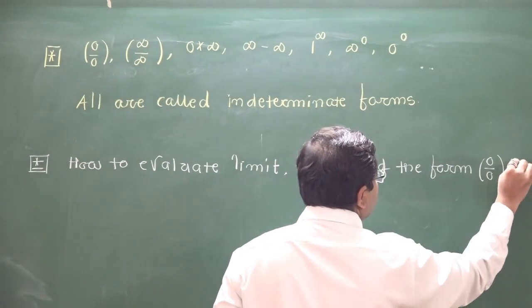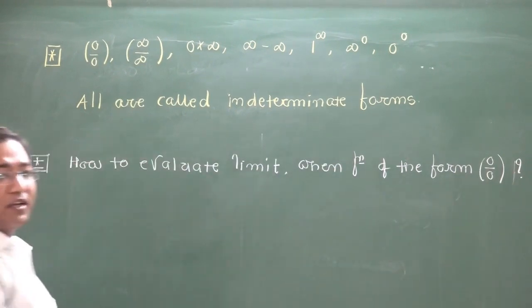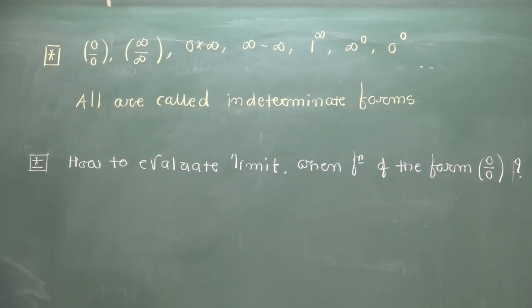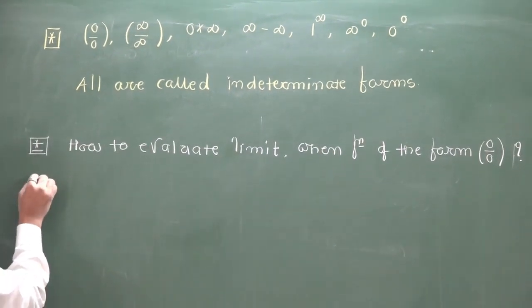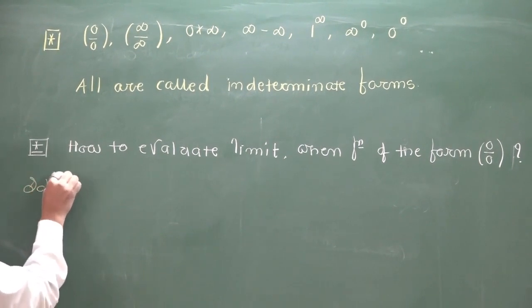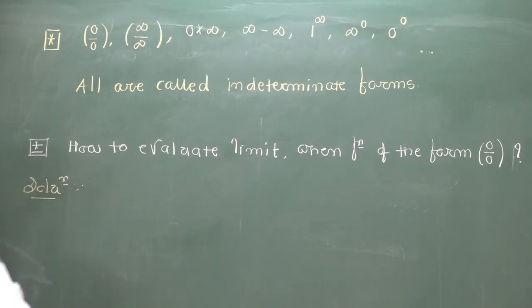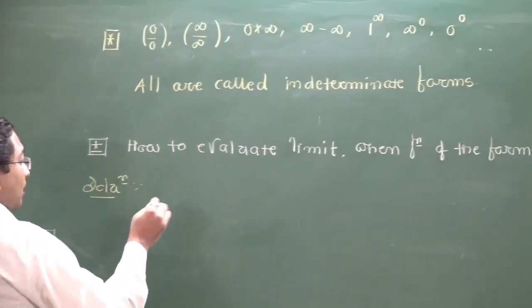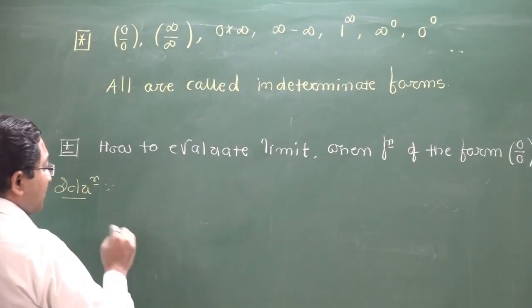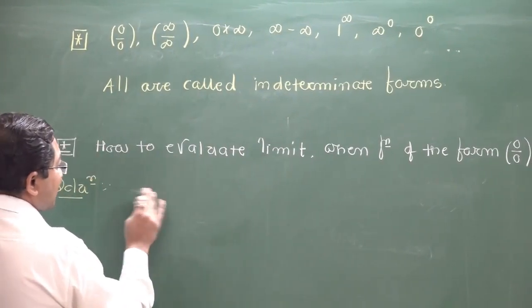That is our question. What is our working rule? The solution: for any function of the form 0 by 0, how do we evaluate the limit of the given function? There are some steps.